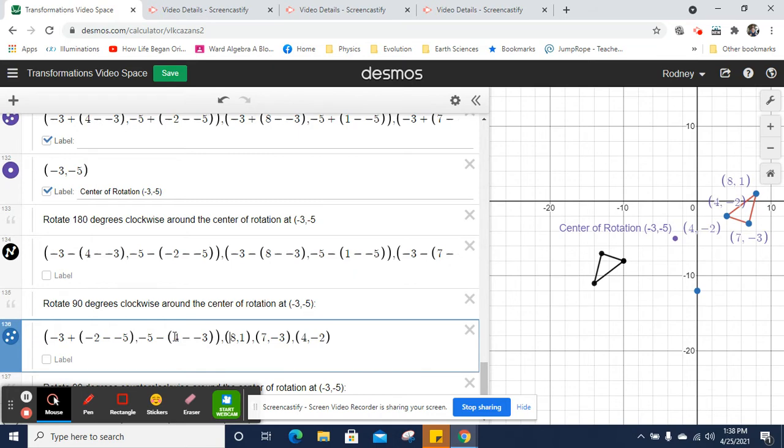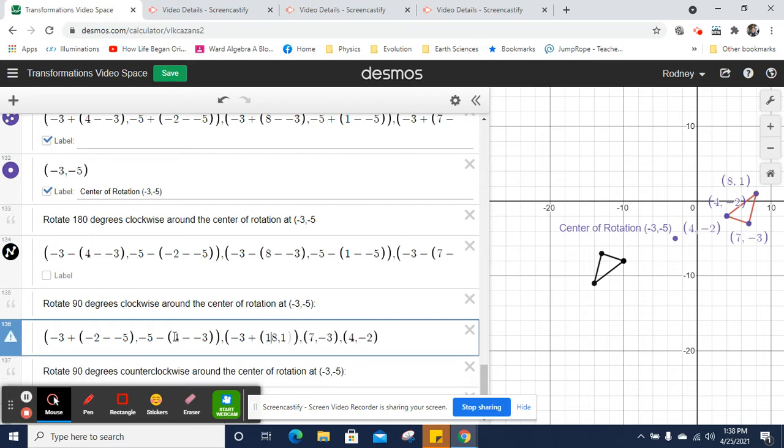I'm going to say negative 3 plus 1 minus negative 5, and then comma negative 5 minus 8 minus -3.